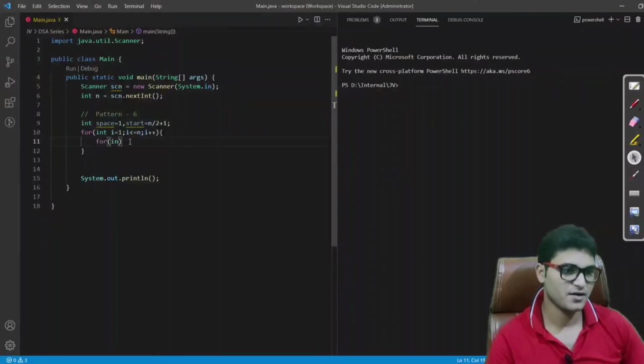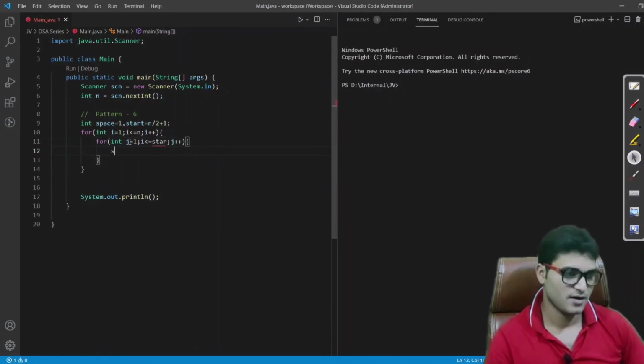So I am writing the logic for printing stars first. You are already aware of for loops, and in this loop I have wrongly named the variable.